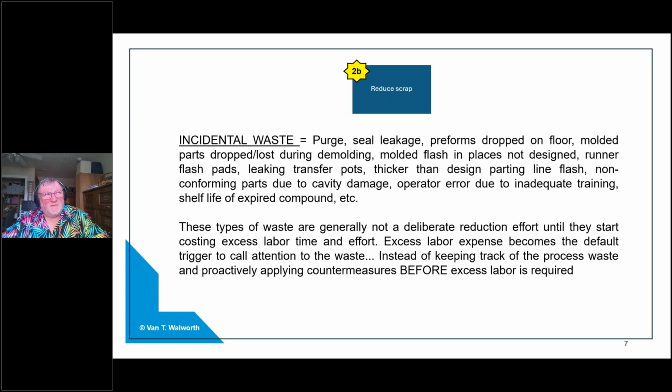In terms of reducing scrap as it relates to what I call incidental waste, this is the purge that you might use. Some injection presses have an automatic purge, so that between every single cycle, there's a little bit of rubber that comes out. And there are good reasons for that. There are a lot of compounds that you really need to do that for, but not every compound.